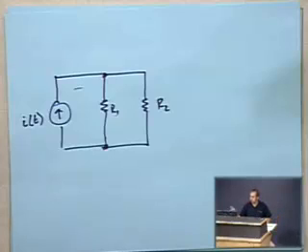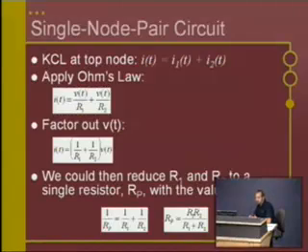So now there's some good math, and we'll walk through it first just on the slide, and then we'll look at it on the paper as well. The KCL at the top node says that whatever current is running into or coming out of that source is going to split among the two branches, and one's going to run through R1, the other one's going to run through R2. If we apply Ohm's law to that, then we know that the current running through each one of those is going to be the voltage across it divided by the resistance.